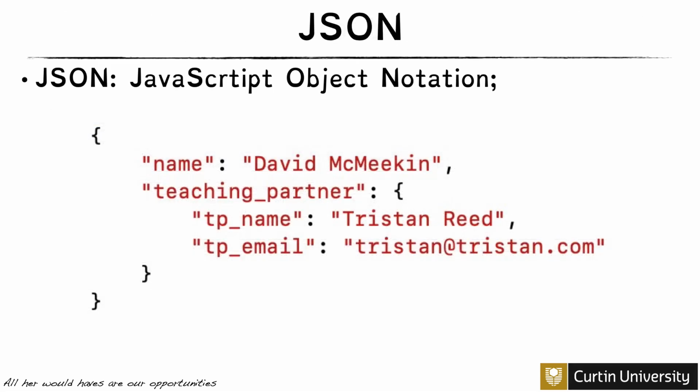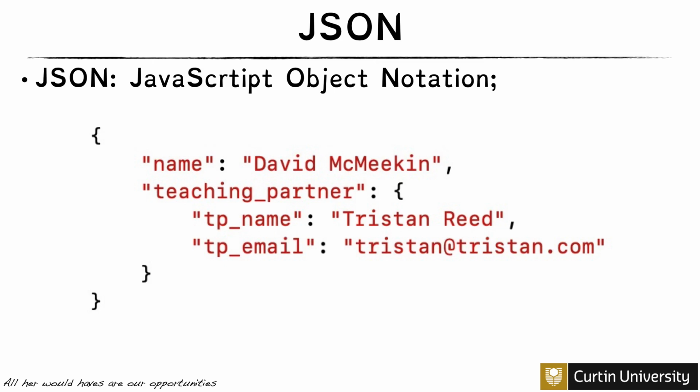So let's have a look at another very common format for storing information. And that's JSON, which is the JavaScript Object Notation. It's not complex, it's not complicated, but it can develop that way. What do we have here? Well, we've got a name, David McMeekin.